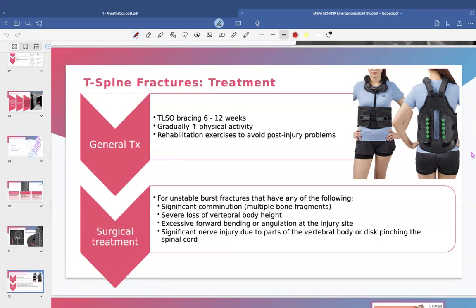All right, if you have just the anterior components involved, what kind of fracture is it? Compression. But if it goes into the posterior, it's going to be a burst. You can only have one or the other in a single vertebra. You can have a compression fracture at maybe T12, but a burst fracture at L1.